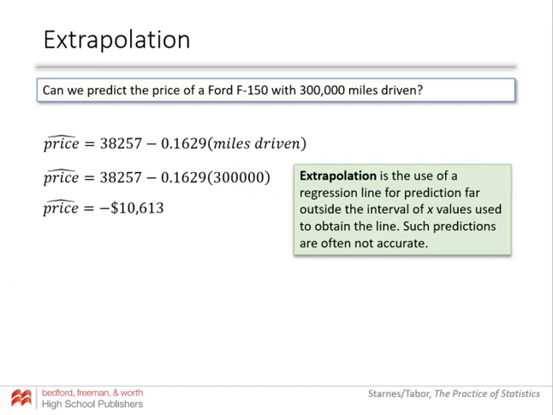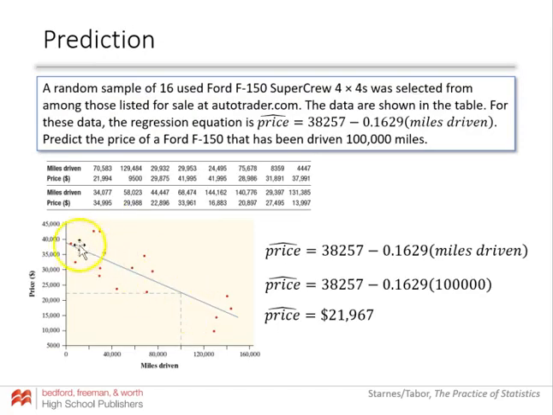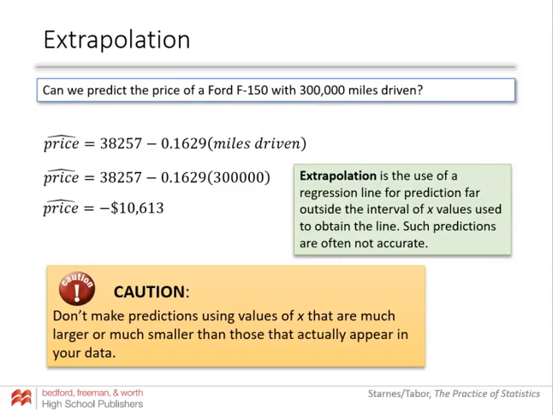When we use numbers that far outside of the data, we can't say that that is necessarily accurate, because I don't know that this pattern is for sure going to continue out to 200,000, 250,000, 300,000 miles. In fact, my answer indicates that it probably doesn't, because I'm not paying somebody $10,000 to take my truck. So that is called extrapolation, and we have to be very careful with doing that because we can't be sure that the pattern holds.